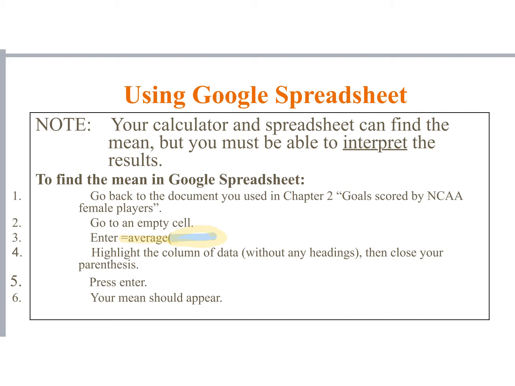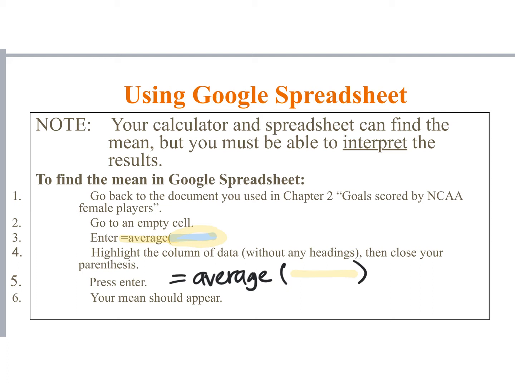Once you do that, you're going to close the parenthesis. So now your cell should have equals average, and in here should be the cells of the data set. Once you have that, press enter, and then your mean should appear.